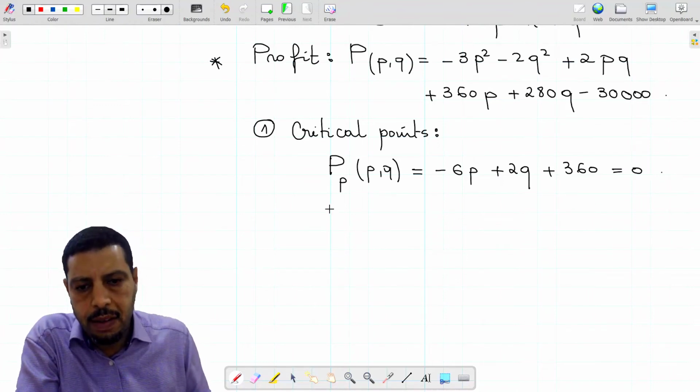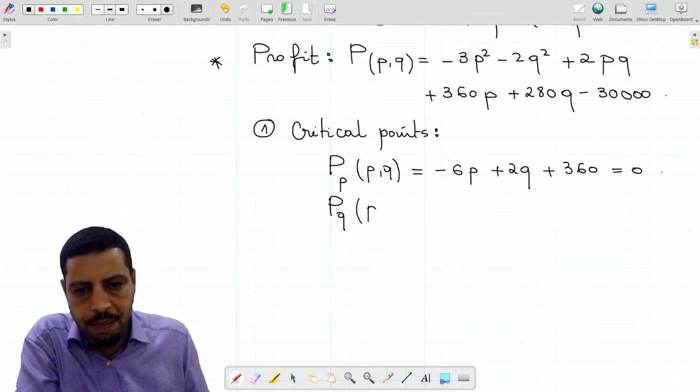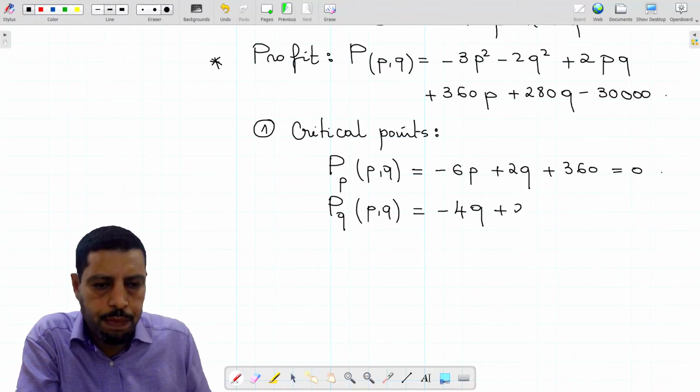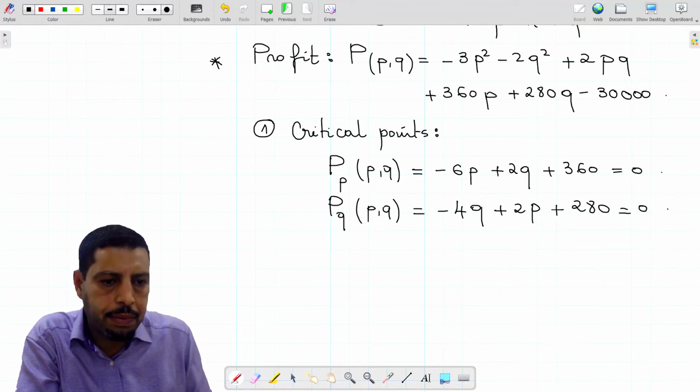The second partial derivative you have to compute is P_q(p,q). It's equal to minus 4q plus 2p plus 280, set it equal to 0.